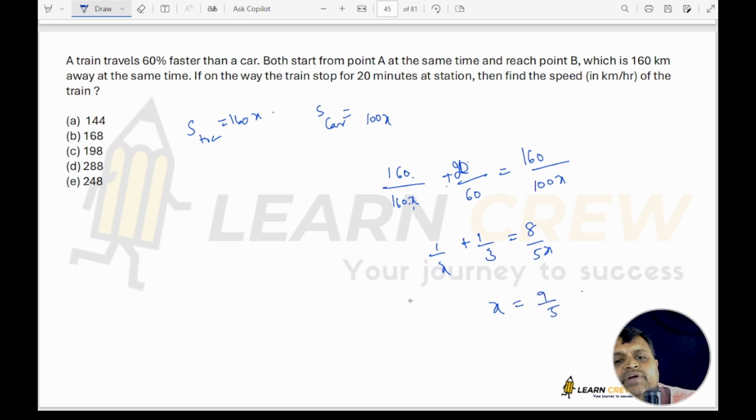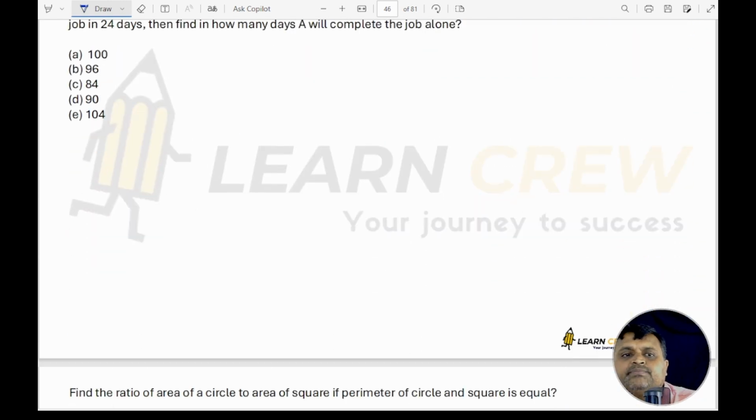So what is the speed of the train? Speed of the train is 160 into x, which is 9 by 5. 32 9s are how much? 288 kmph. So the answer is 288 km per hour. Next one.